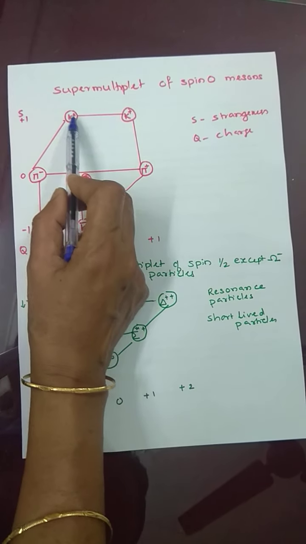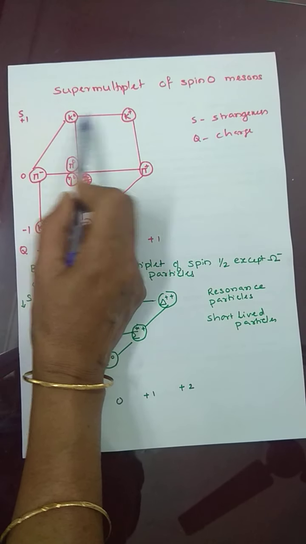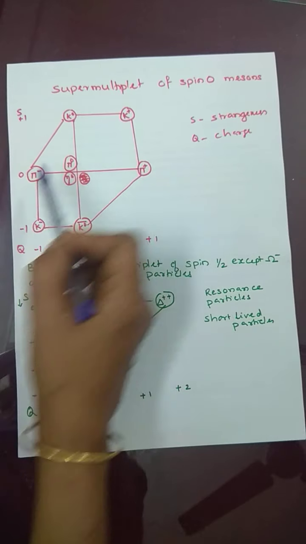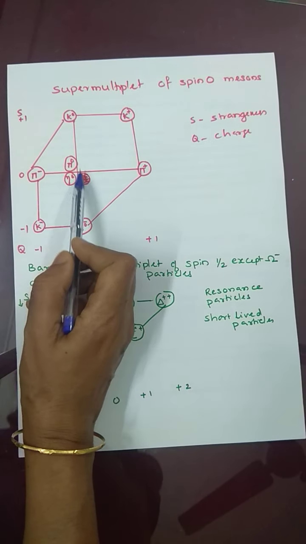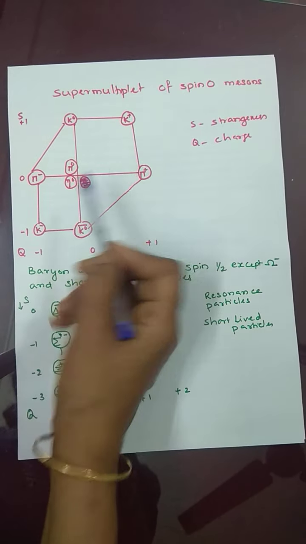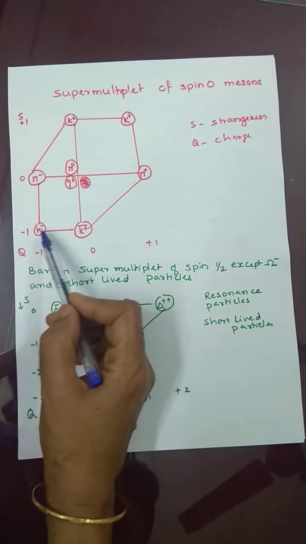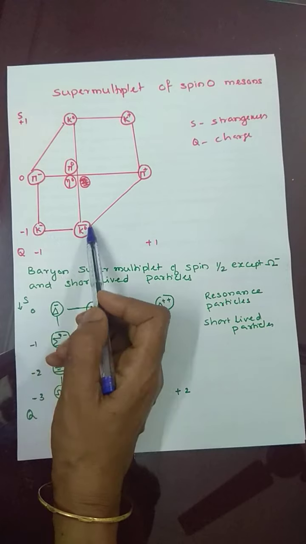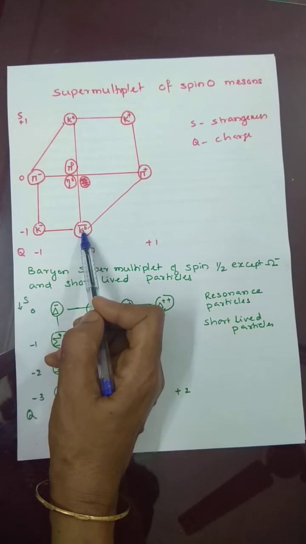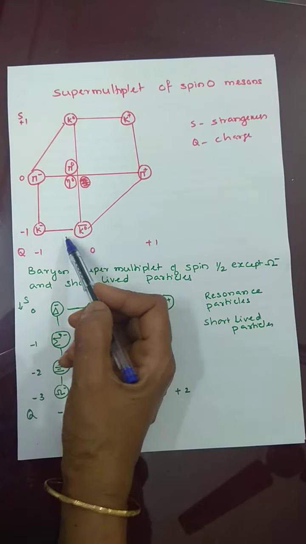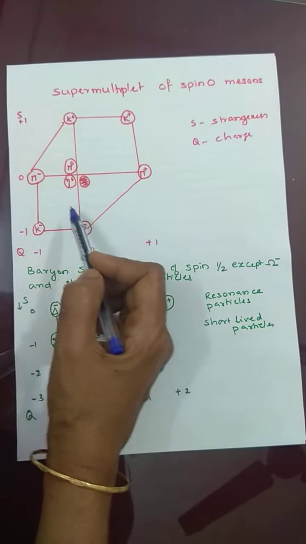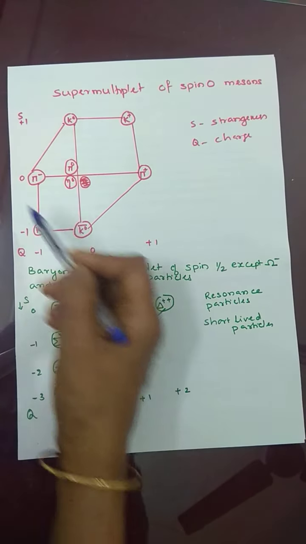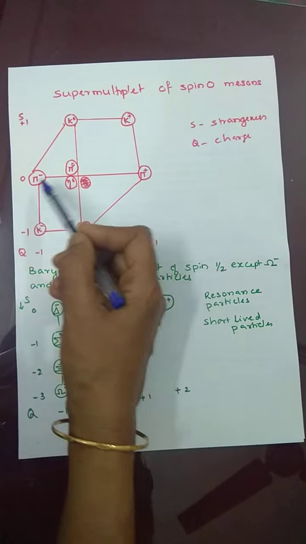You have the particles K0, K plus, pi minus, pi 0, pi plus, eta 0, K minus and K0 bar. This is the antiparticle. So this also shows the super multiplet. They are also splitting up due to the interaction.